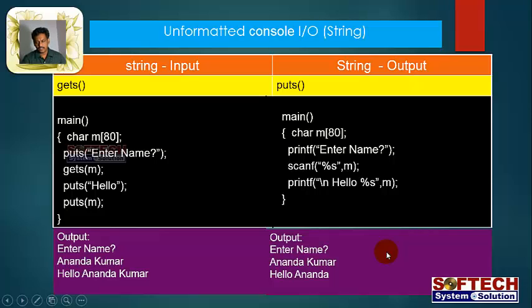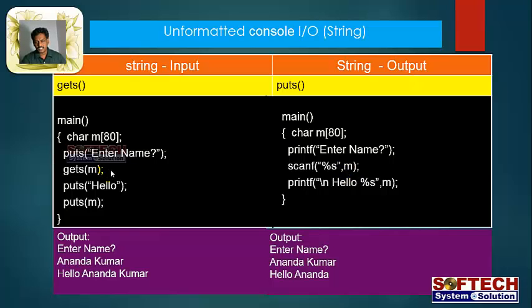Otherwise we give 25, then we press the enter key, then we give the next input, line by line. So there are two ways. By using a blank space we can separate the inputs. Otherwise we press the enter key after each and every input. This is the way to give multiple inputs to the scanf function.